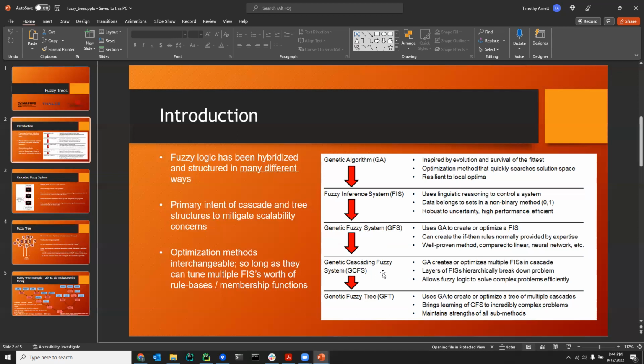This is where you have a number of FISs in sequence, and the GA is optimizing either the fuzzy parameters or the location of those FISs or both. And then the genetic fuzzy tree is a further extension of that, where there is no necessary notion of directionality. So any of the FISs can be connected to any other FIS, and you can have things like recurrence and other approximators or other functions included in that system.